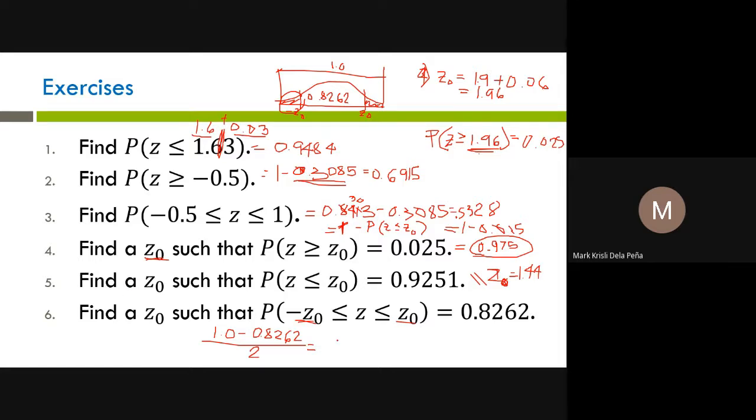That's 0.1738 divided by 2. So we'll get 0.0869, which means we have to find a z value whose area is 0.0869.